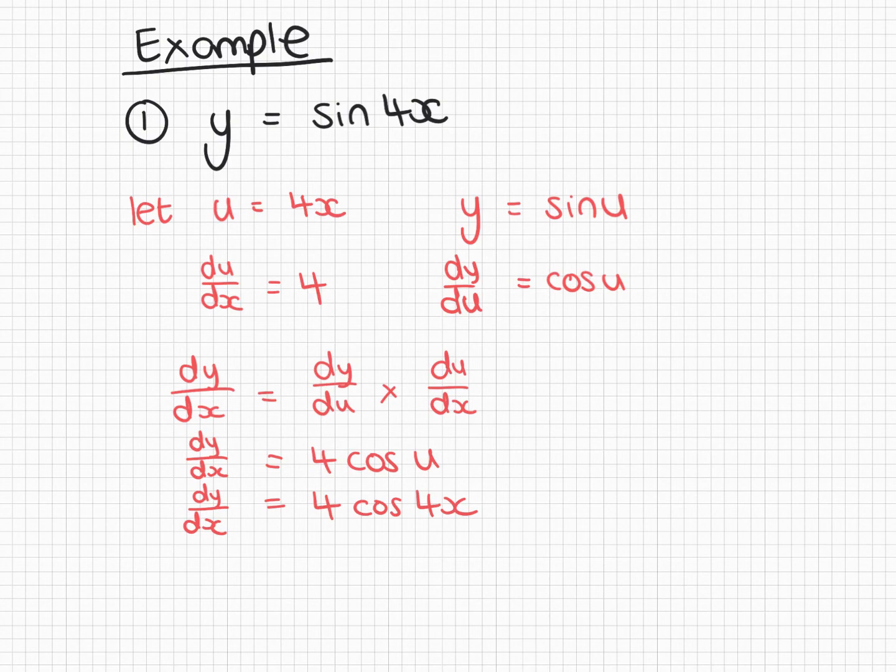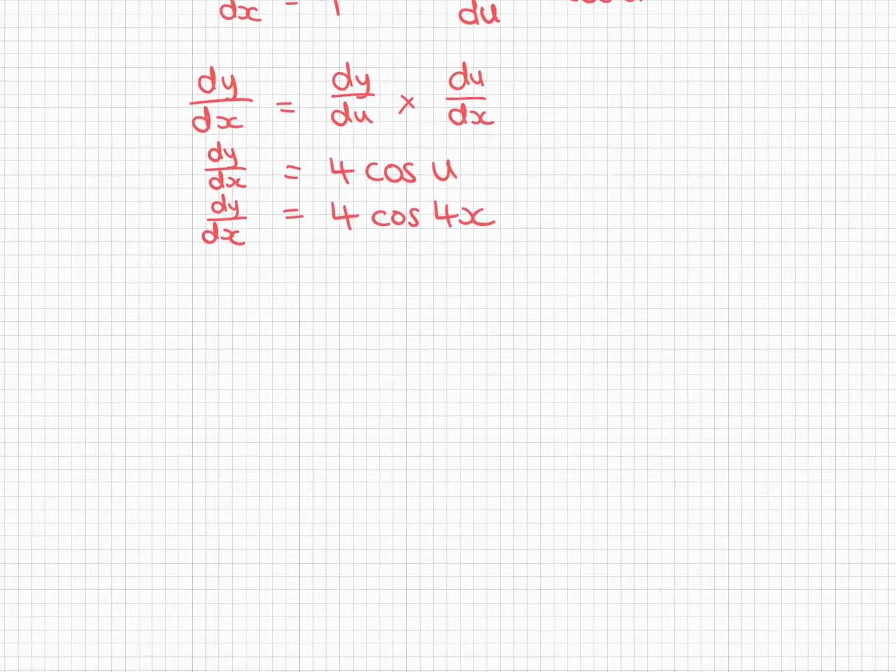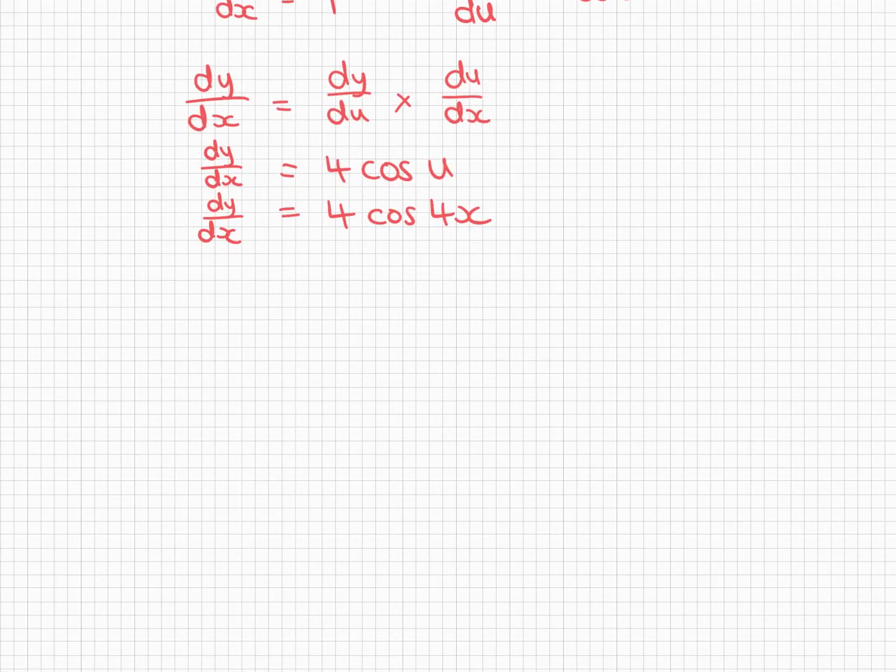And we can do the same for any of these trig functions. So if I did it slightly differently and said let y equal cos of 3x squared, then we do exactly the same thing.